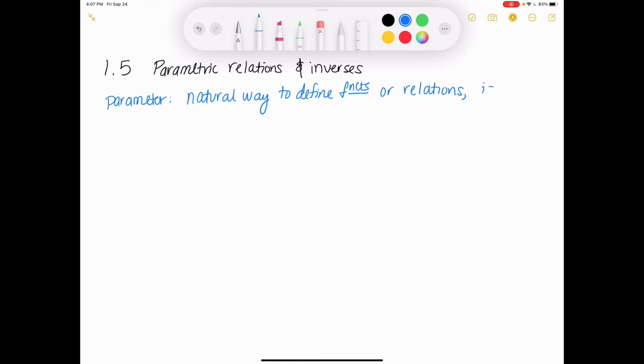And that is to define both elements of the ordered pair (x, y) in terms of another variable t.